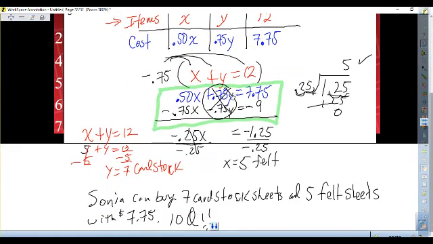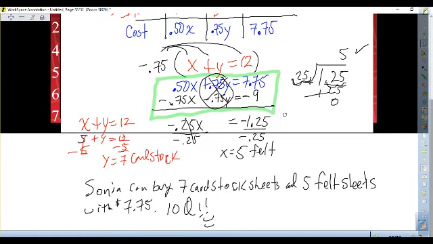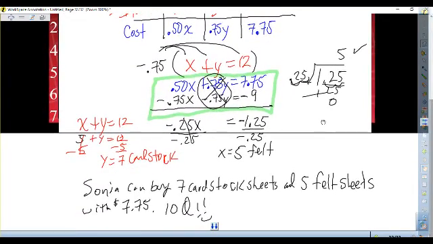We want to see an equation, a solution for one variable, a solution for a second variable, and a statement. Everybody with me? If we don't do the table, we can get marked off 1 point.